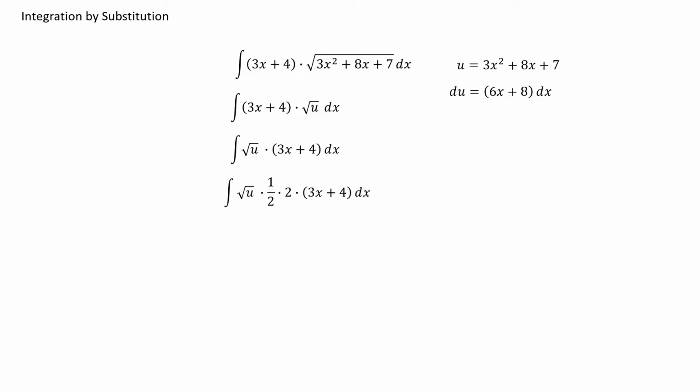And that may seem really strange, like, why on earth are we inserting a half times 2 here? Well, before I tell you why, let me just justify that it's a mathematically legal and valid choice. Everyone knows that 1/2 times 2 is 1. So all I'm really doing here is multiplying the integral by 1.